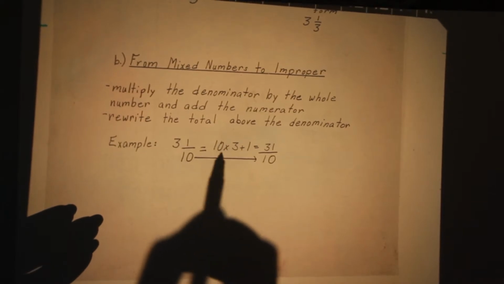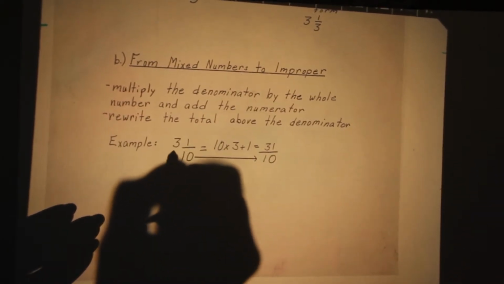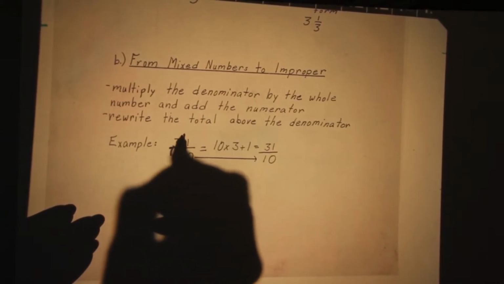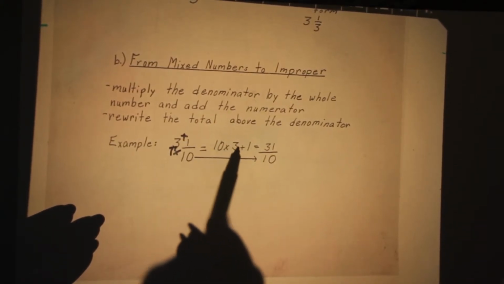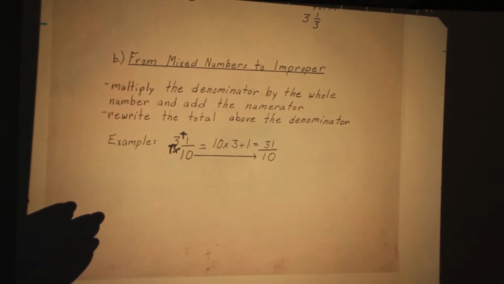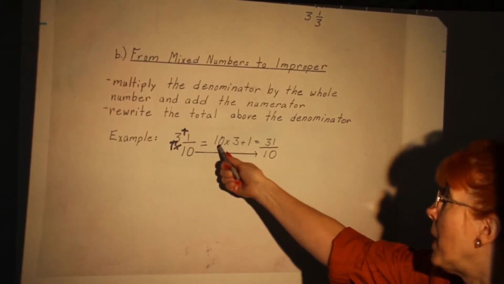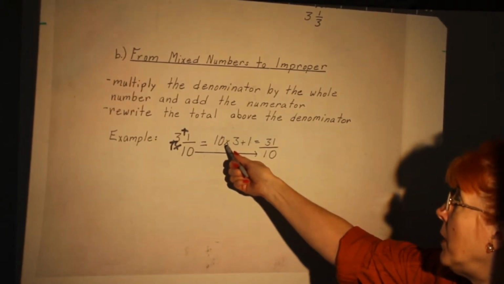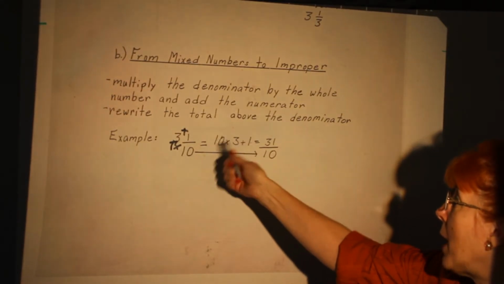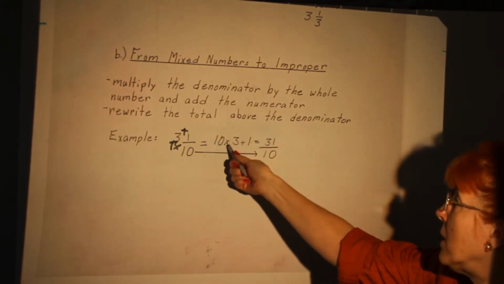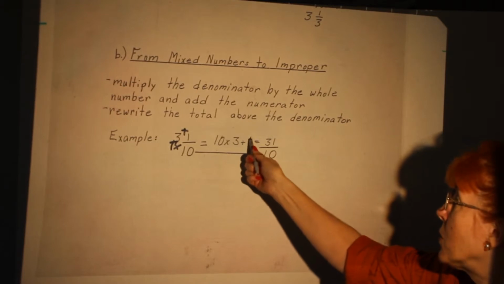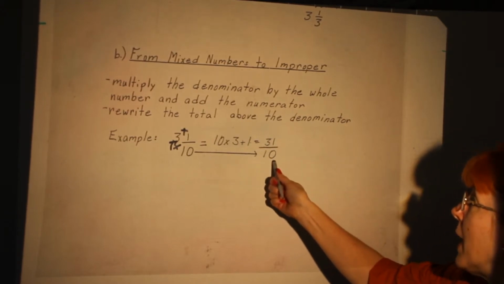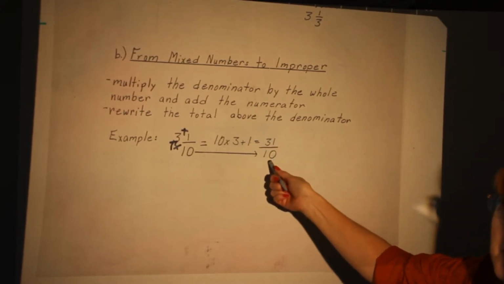So you do 10 times 3 plus 1. Still following the order of BEDMAS, right? You have to do multiply before you do add and subtract. Either way, you end up with 10 times 3 is 30 plus 1 is 31 over top of 10. And that gives you your improper fraction.